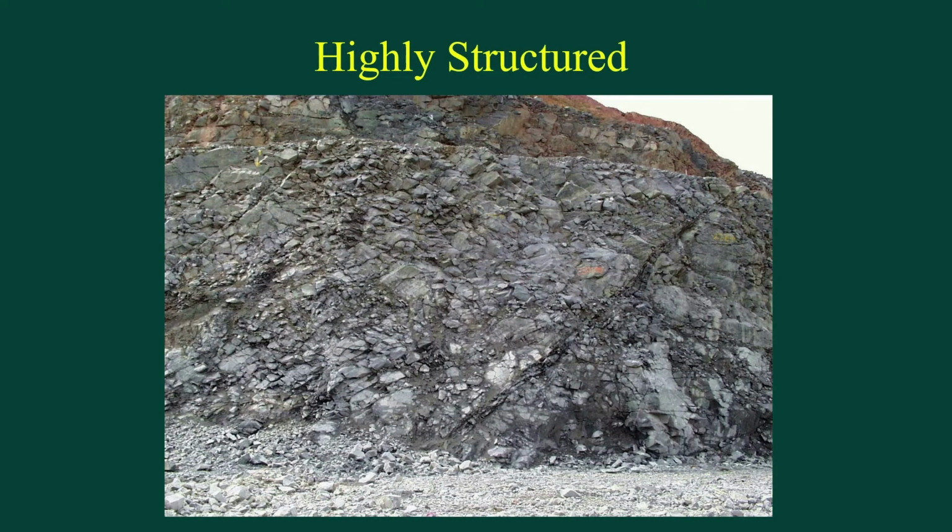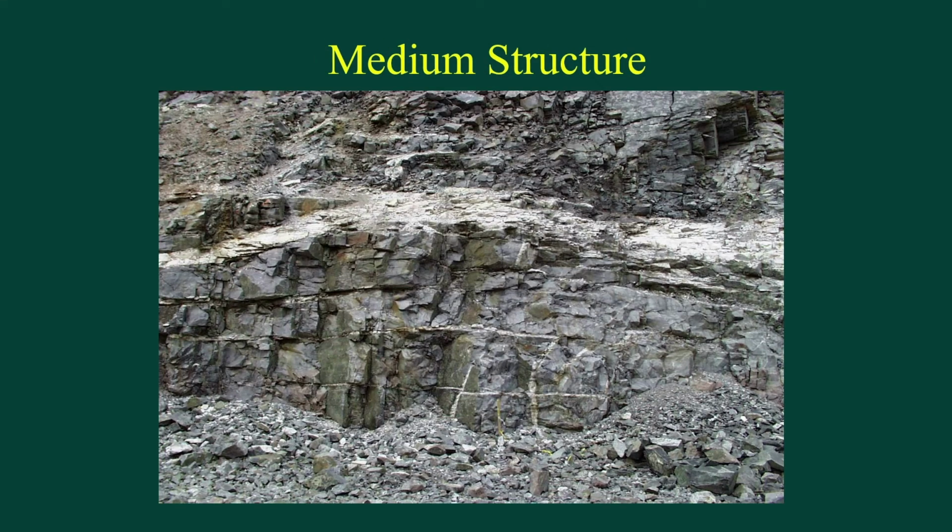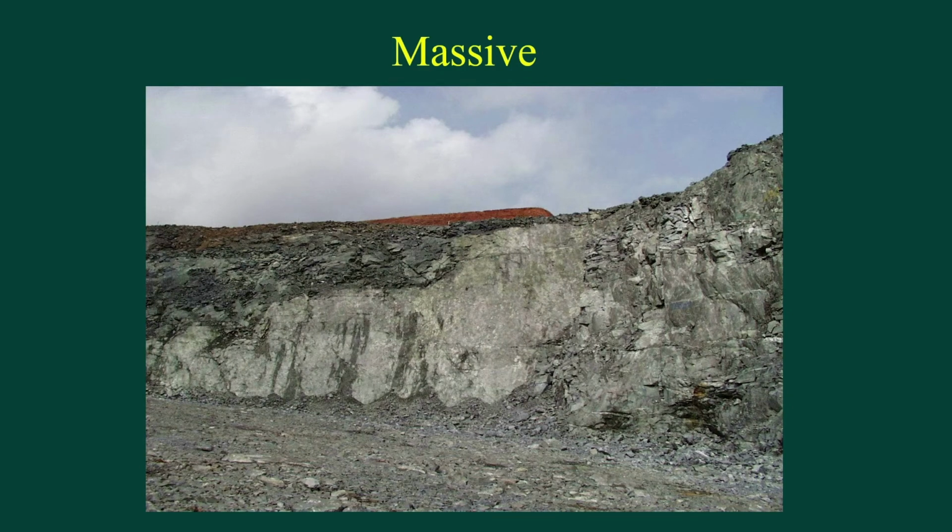This would be considered as being highly structured, and you can see lots and lots of small fractures and joints in this part of the face, and these, when they were liberated, would give us relatively small blocks. And this region here would be considered to have a medium structure, whereas this would be considered as massive.